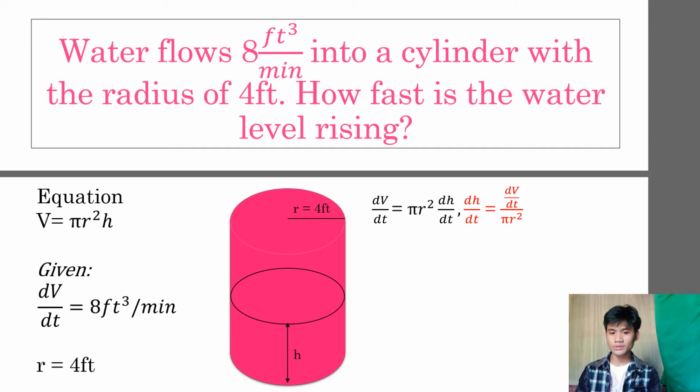So this is the derivative of our equation: dV over dt is equal to pi r squared times the derivative of h with respect to time.